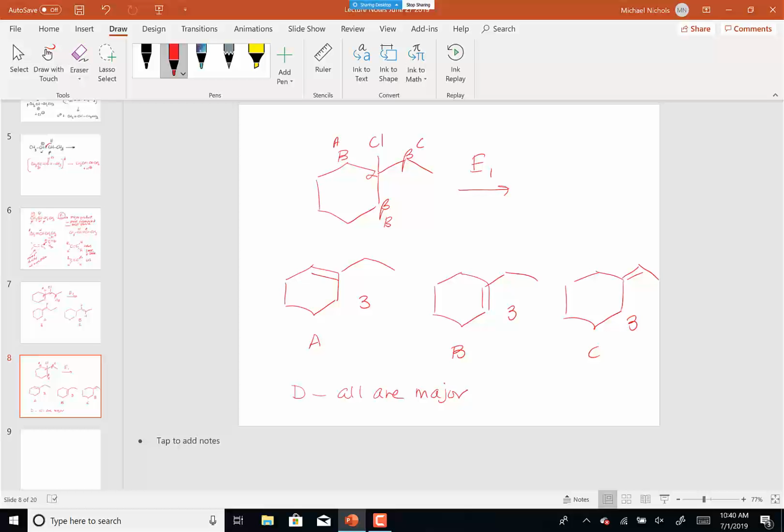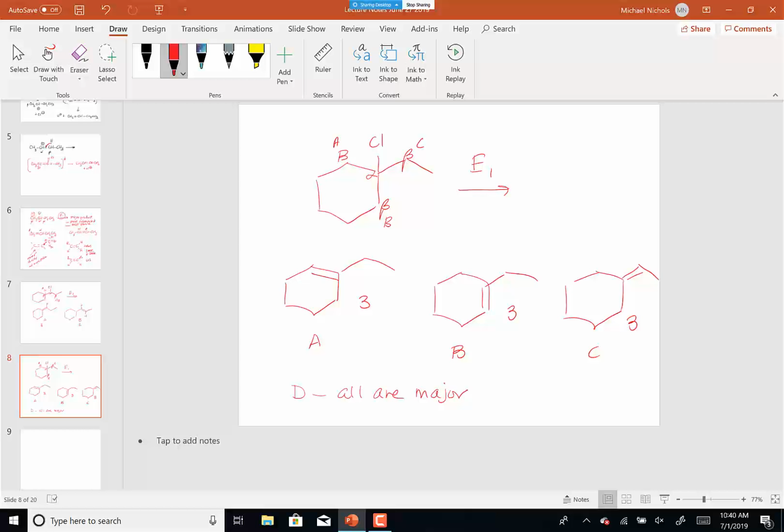So if they all have 3 alkyl groups, then they would have the same energy, according to our rules, which is totally based on just simply the number of alkyl groups. Now you could say, is having the double bond inside or outside the ring more stable? There probably is one that's more stable, but we're not going to go into that level of detail.